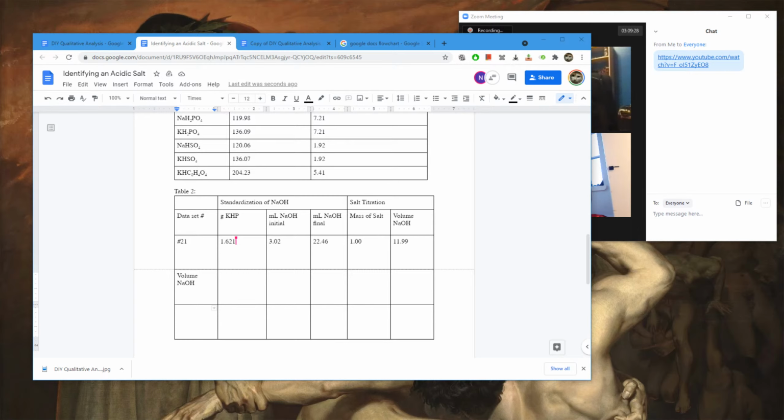Yeah, it's just a little above 7, so I would say like 7.15. Got it. That's when you have the moles of base added equal to the moles of the acid that you add.